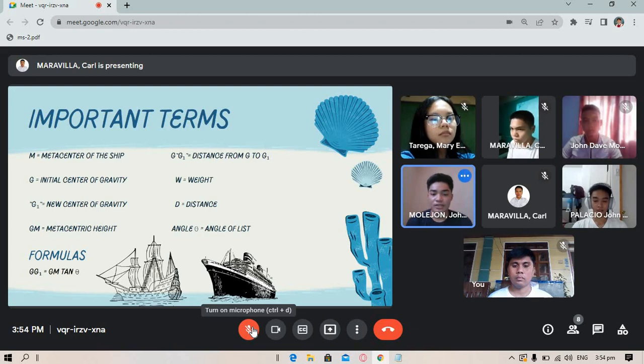Next is the initial center of gravity. The initial center of gravity of a ship is the point at which the entire weight of a ship may be considered as concentrated, such that if supported at that point, the ship would remain in equilibrium. A simple example of the center of gravity is the middle of a seesaw.